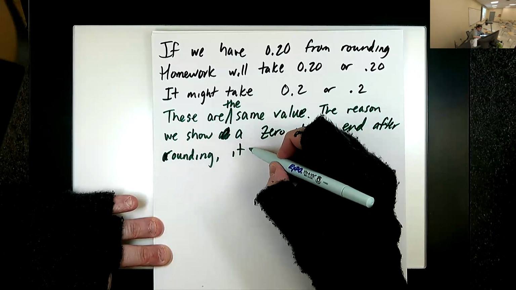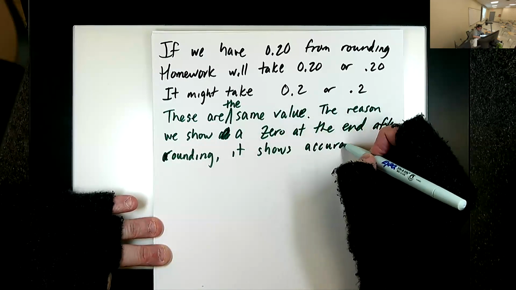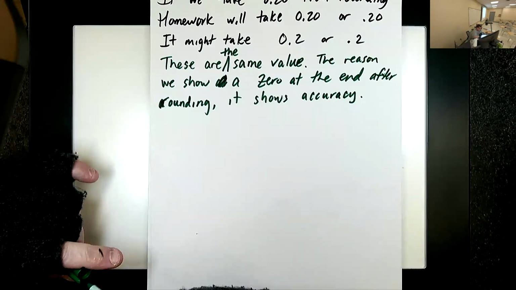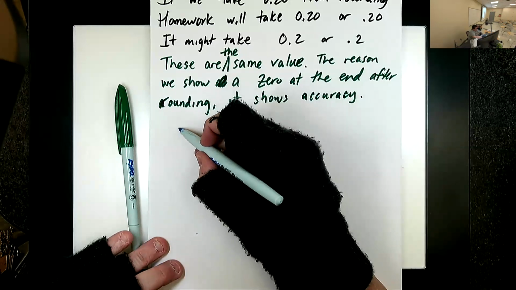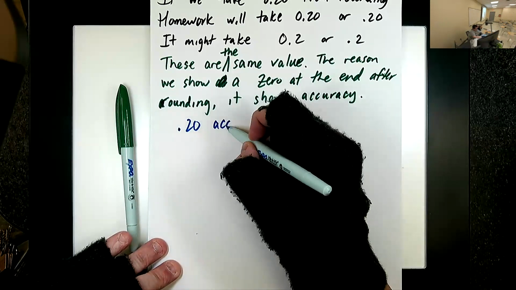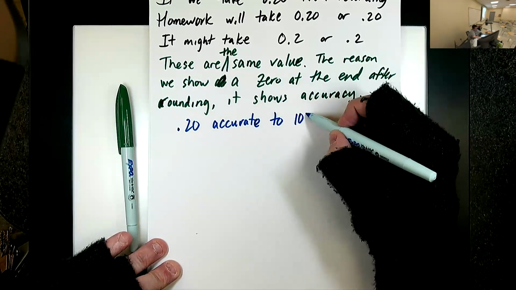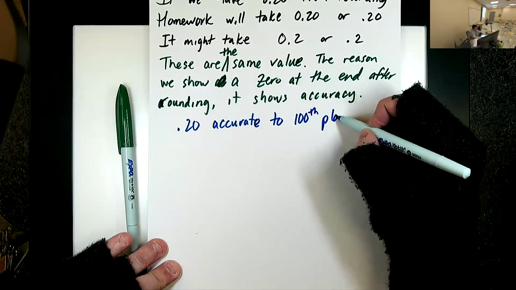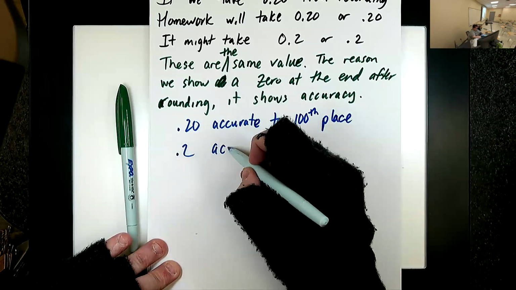It shows accuracy. 0.20 is accurate to the hundredths place. 0.2 is accurate to the tenths place.